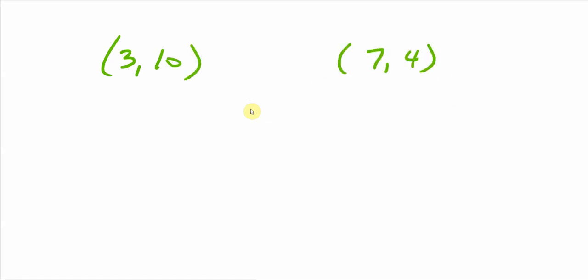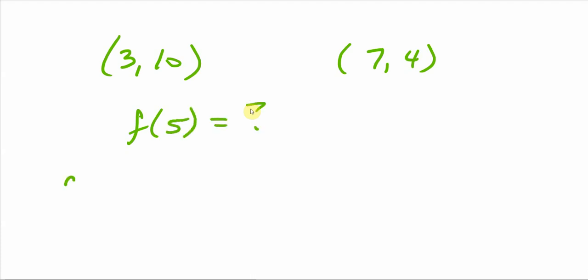All right, so let me go ahead and show you how they'll test this on the exam. Let's pretend I gave you the endpoints (3, 10) and (7, 4). All right, so I can ask: f of 5 can be which one of the following?